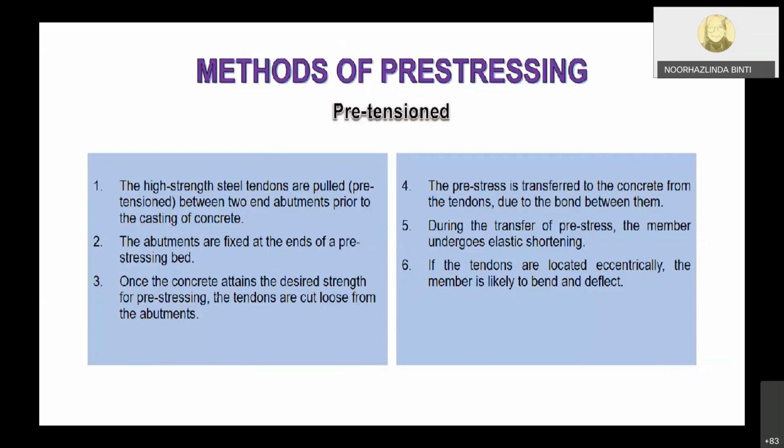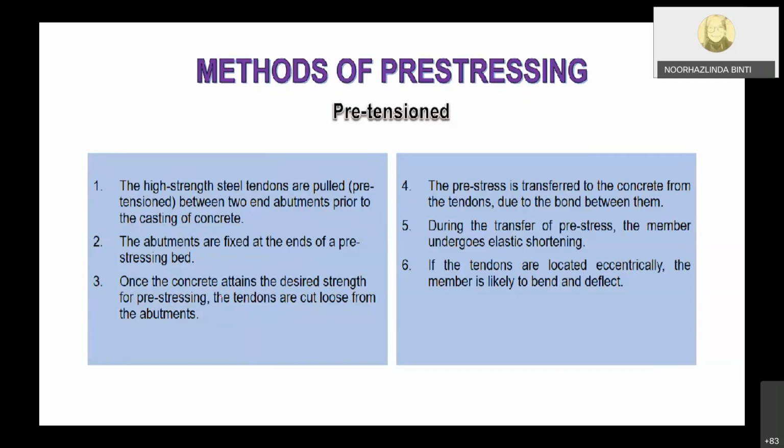Once the concrete attains the desired strength of pre-stressing, the tendons are cut loose from the abutments. After we pour concrete, we wait for certain days until that particular concrete attains desired strength, not full strength of the concrete, 60% only from the concrete.